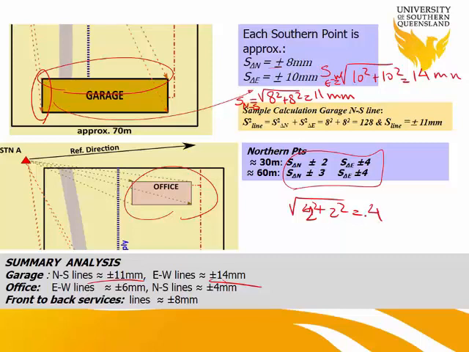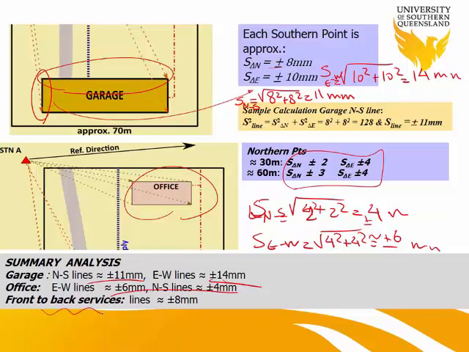Roughly plus or minus 4 millimeters for the north-south line of the office. How about east-west? East-west is going to be 4 squared plus 4 squared, which is roughly plus or minus 6 millimeters, which is here.